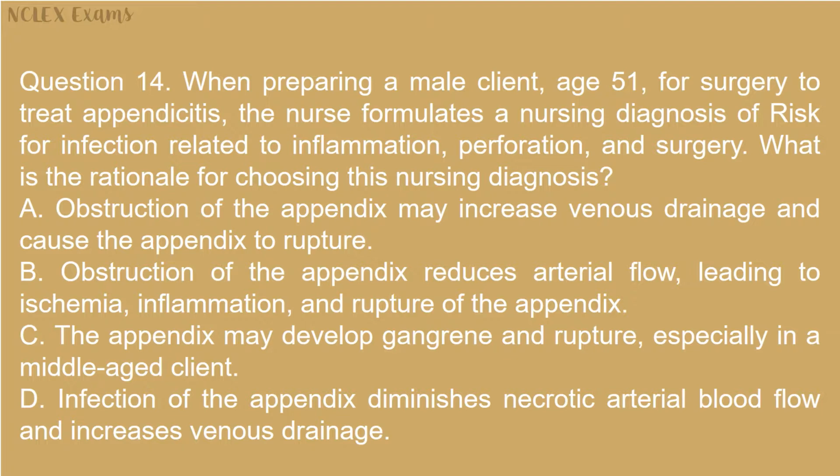B. Obstruction of the appendix reduces arterial flow, leading to ischemia, inflammation, and rupture of the appendix. C. The appendix may develop gangrene and rupture, especially in a middle-aged client. D. Infection of the appendix diminishes necrotic arterial blood flow and increases venous drainage.